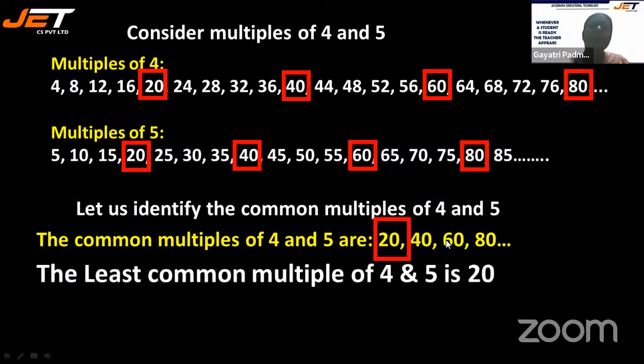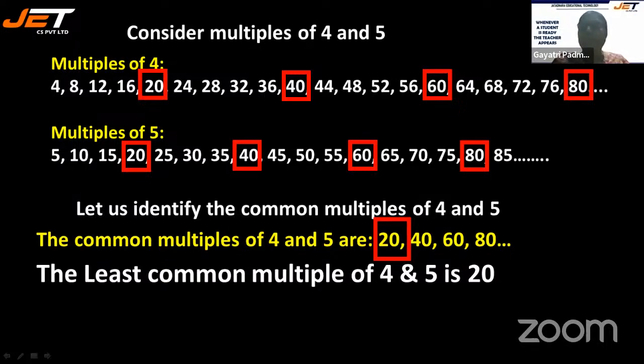Now among this, which is the least? Which is the least common multiple? That is of these 4 and 5 is 20, isn't it? Yeah. So, all right. Now, so this least common multiple of 4 and 5 is 20. So this is what we call it as LCM.